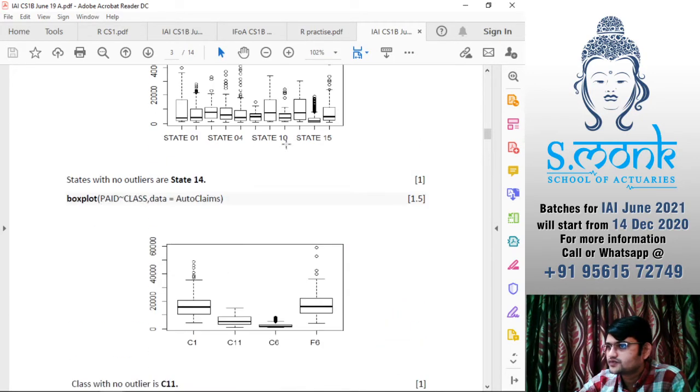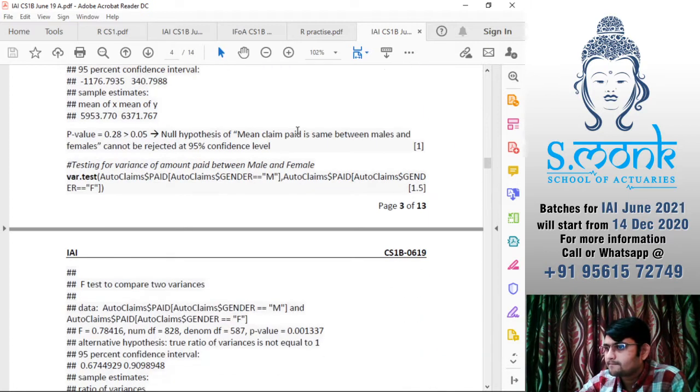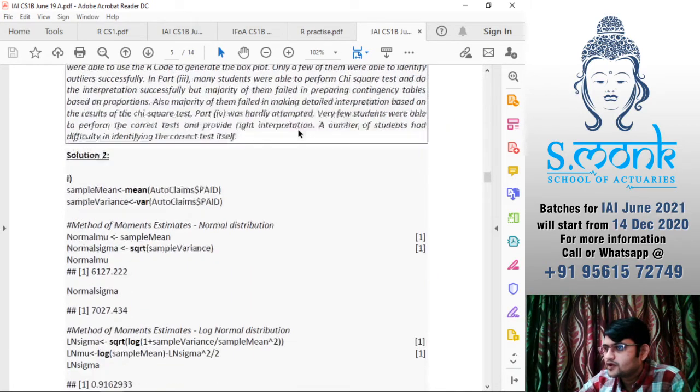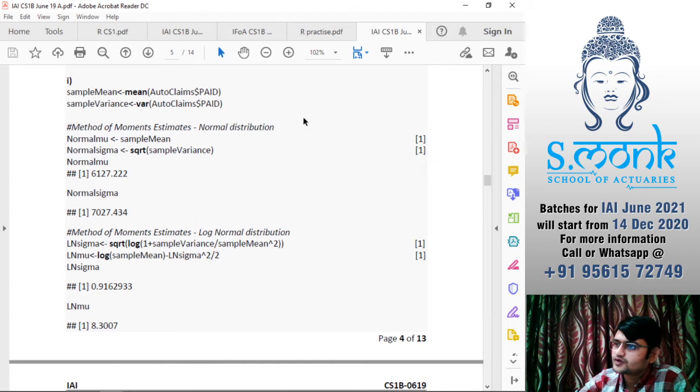Directly, sample mean would be mean of our paid value.